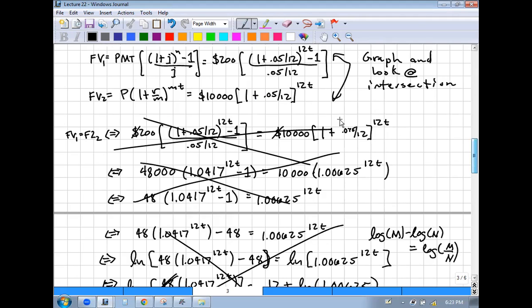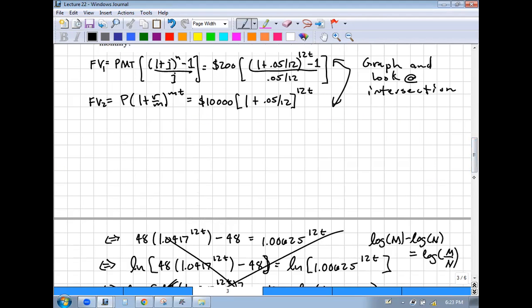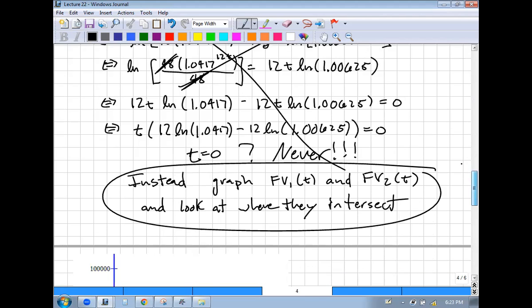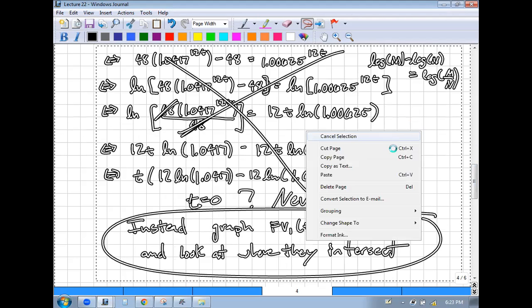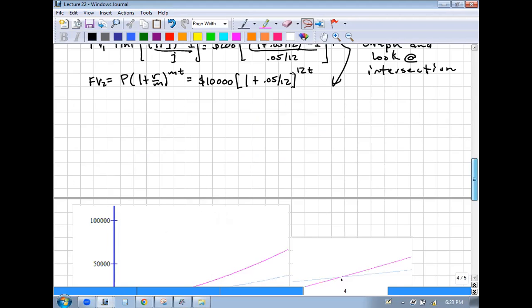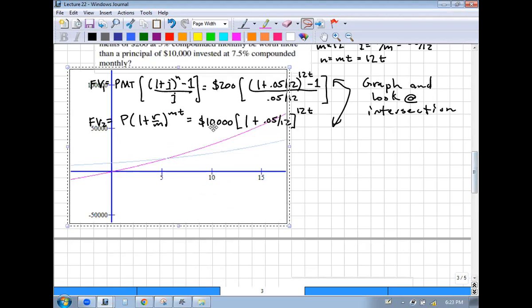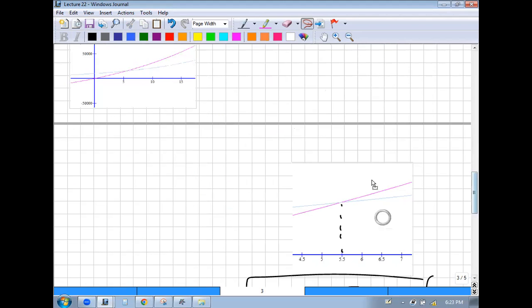I guess I can get rid of this. And that didn't work. And get rid of this whole page. Here's the zoom in.